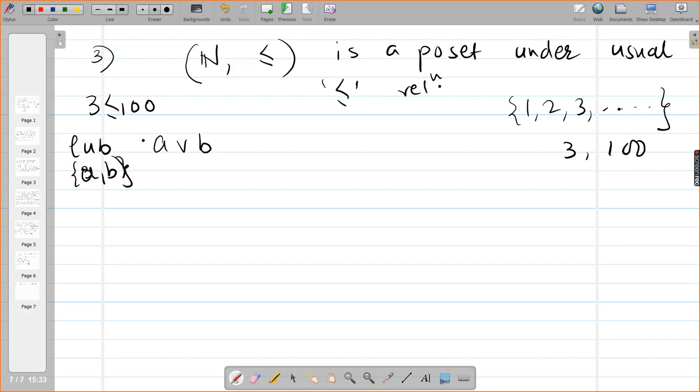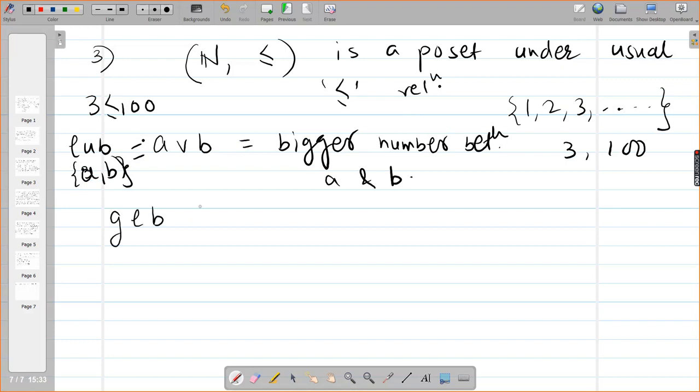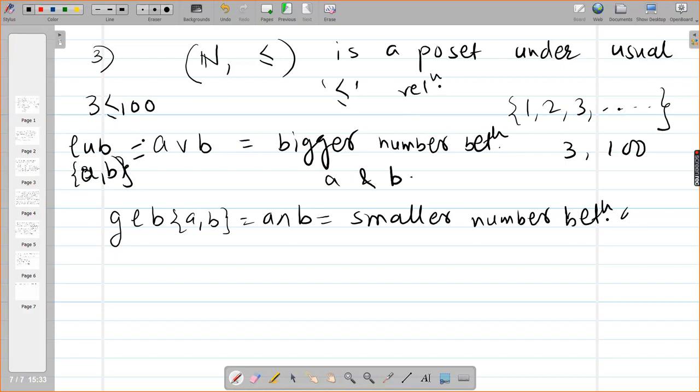The least upper bound of A and B is equal to the bigger number between A and B. So the least upper bound of 3 and 100 will be 100. And the greatest lower bound of AB, that is meet, will be the smaller number between A and B, because every two numbers are comparable in this set.